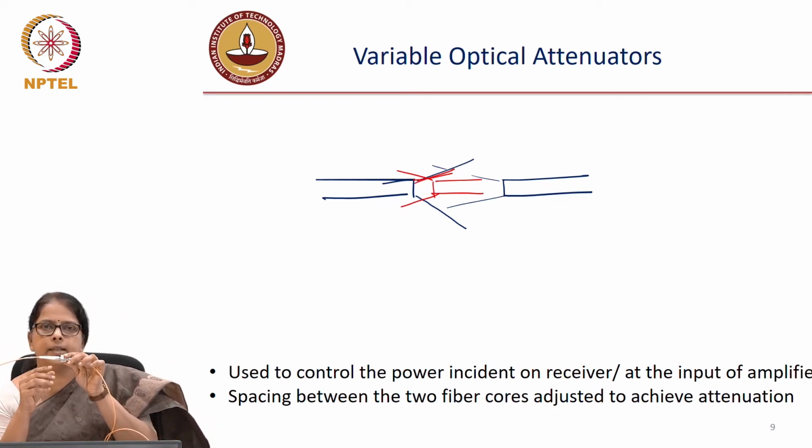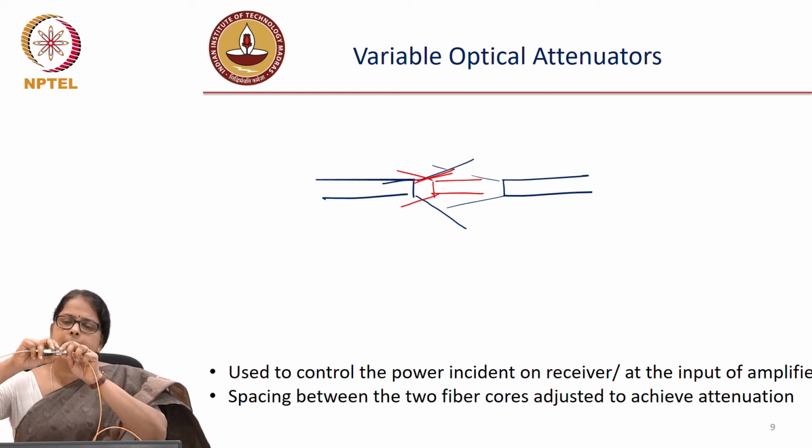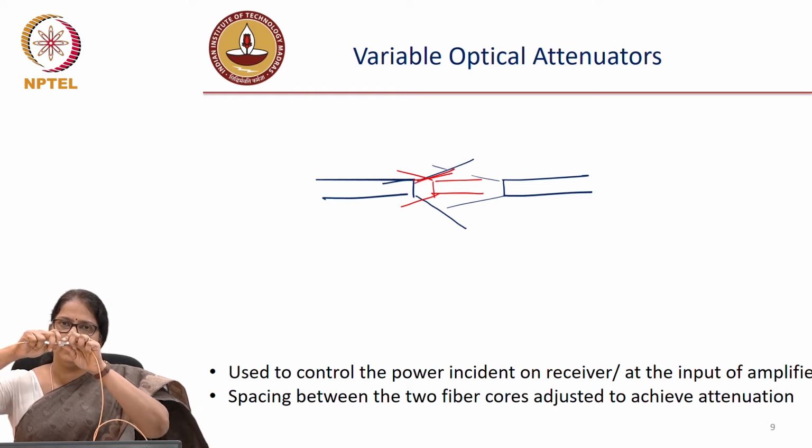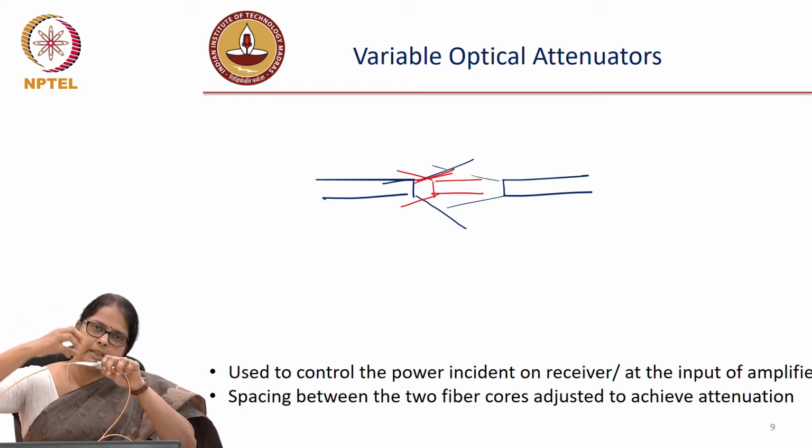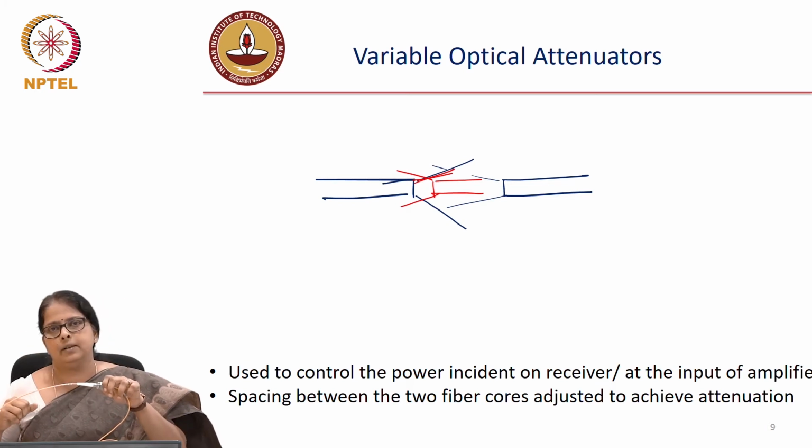All it requires is a mechanism to change the spacing between the fibers. So here is a mechanism. As I rotate this, the space between, it's not visible here, but what I can feel is that the fibers are moving away, right? The space between the fibers increases, thereby allowing the second fiber to collect less and less light from the first fiber, right?